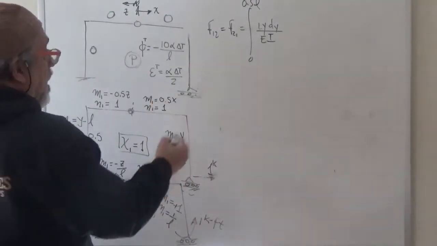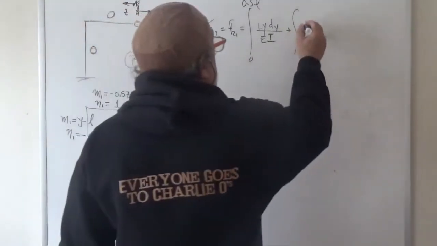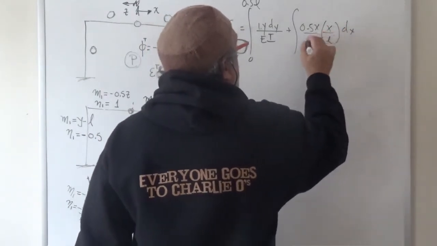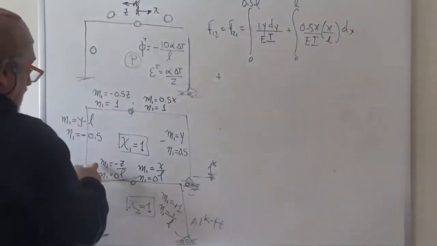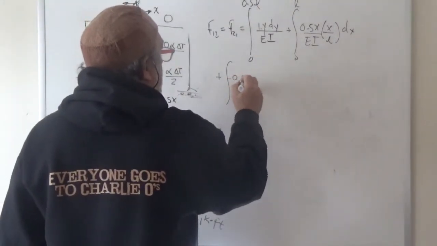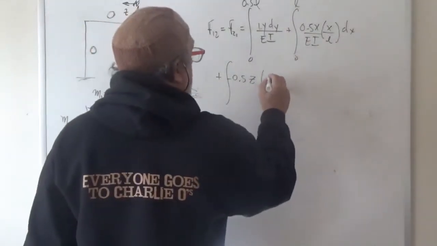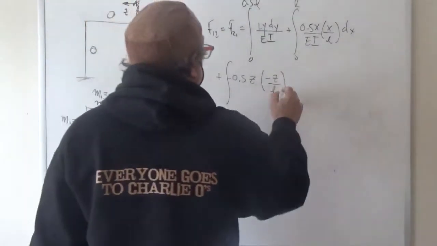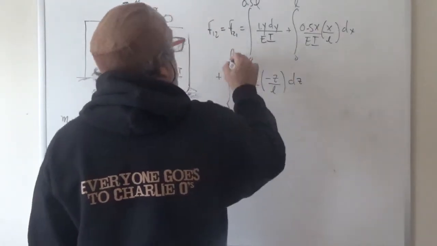Bending on this bar, plus the integral of 0.5x times x over L dx over EI from 0 to L, plus this one here, minus a half, which is the same thing, minus 0.5 of z times minus z over L, right, dz over EI from 0 to L.